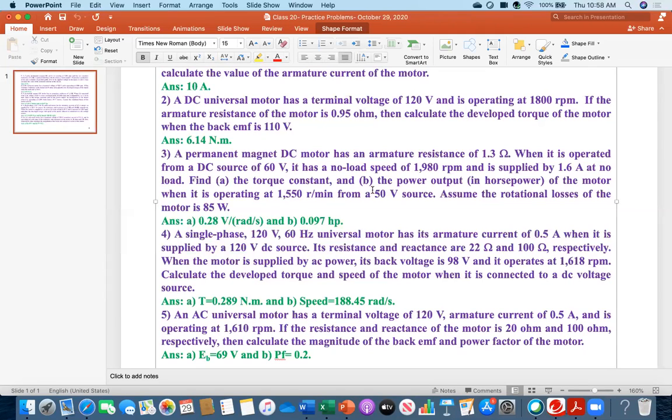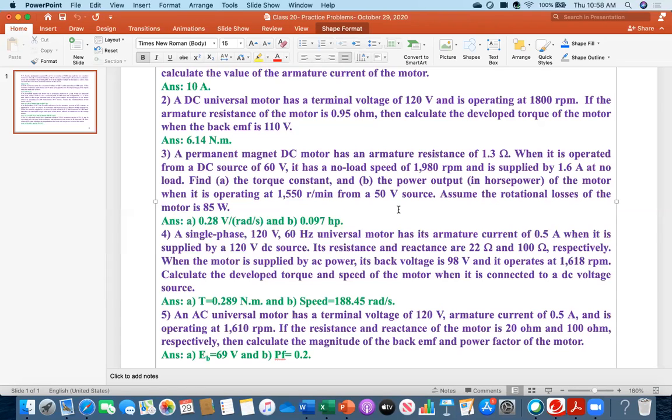No, you don't need to calculate the no load rotational loss, because we are not asking for it in this problem. The loss is given in the last line of the problem: assume the rotational losses of the motor are 85 watts. Oh, okay. So you have to subtract this 85.